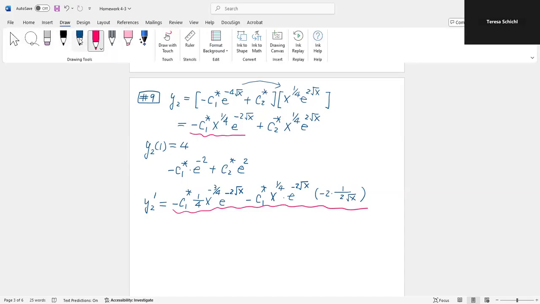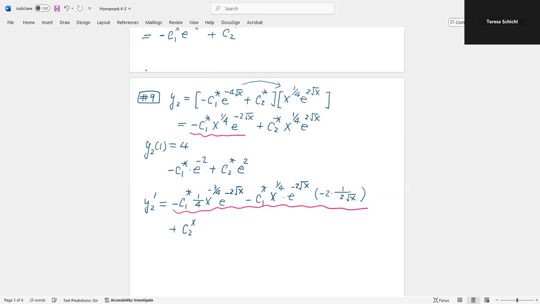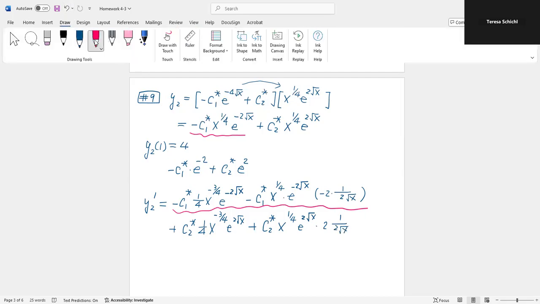Now the plus C2 star 1/4 x to the negative 3/4 e to the 2 square root of x, plus C2 star x to the 1/4 e to the 2 square root of x, chain rule, so it's 2 times 1/2 square root of x.